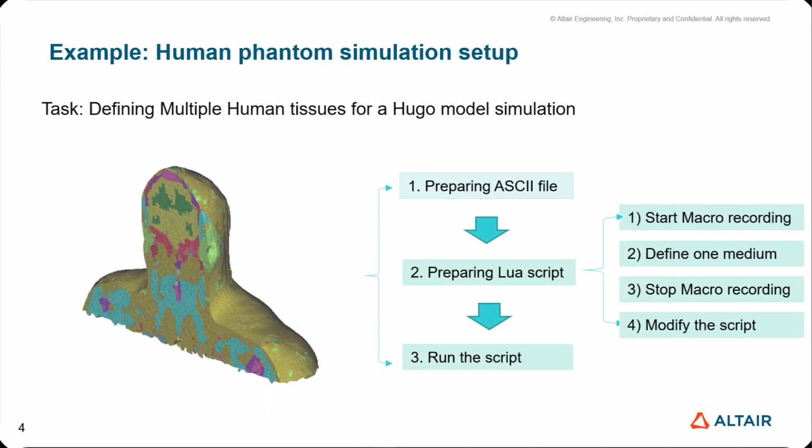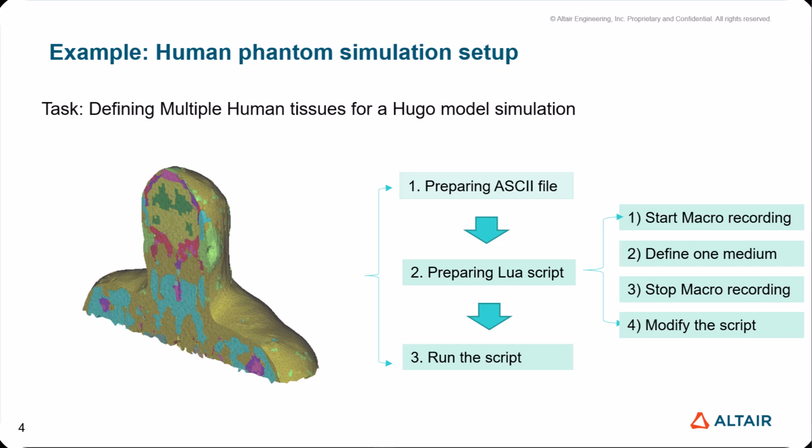As an example, I'd like to set up one human phantom simulation. Here, the specific task is to define multiple human tissues for a Hugo model simulation. To do this, we need to go through 3 steps. Step 1 is preparing the ASCII file.